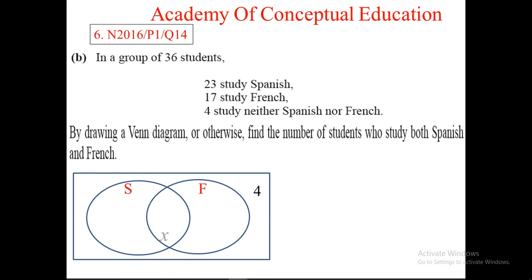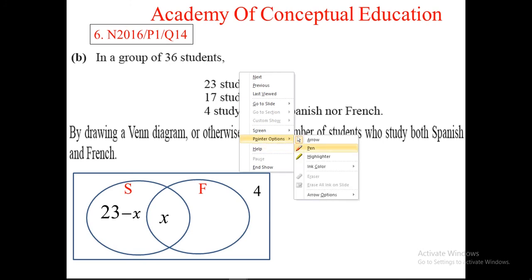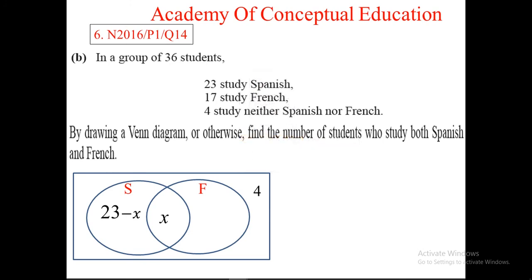After this, we don't know the number of students who study both Spanish and French. The number of students who study Spanish is 23, so we will write 23 minus x to represent the remaining portion of S. Similarly, 17 minus x will represent this portion.